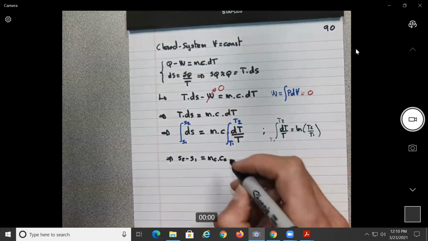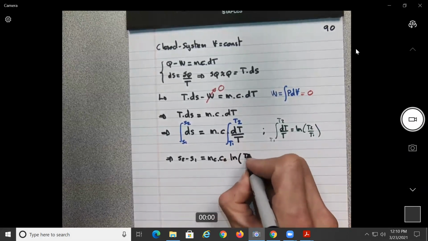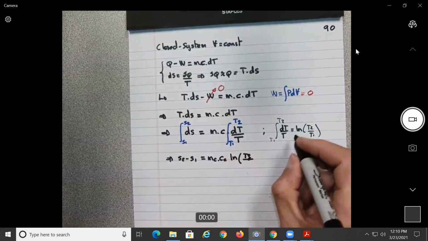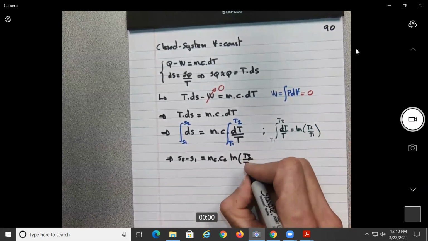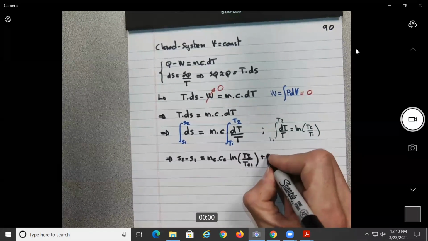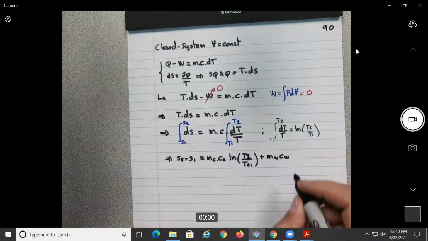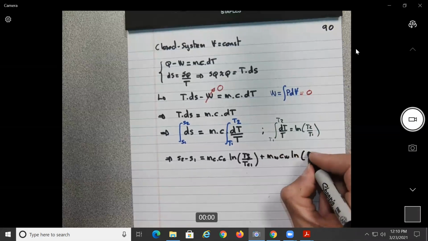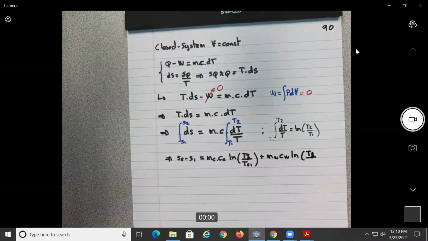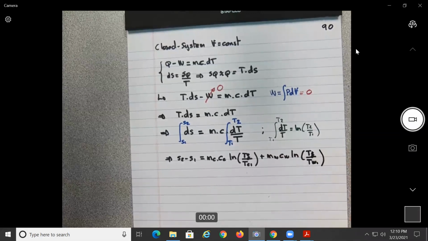So now, for the copper, what should I have? Log of T final, which would be T2, and what would be the initial? T copper 1, plus M water, C water, log of T final over T water initial.